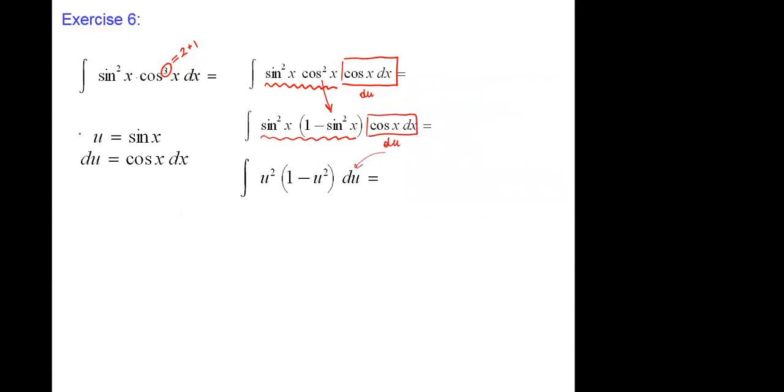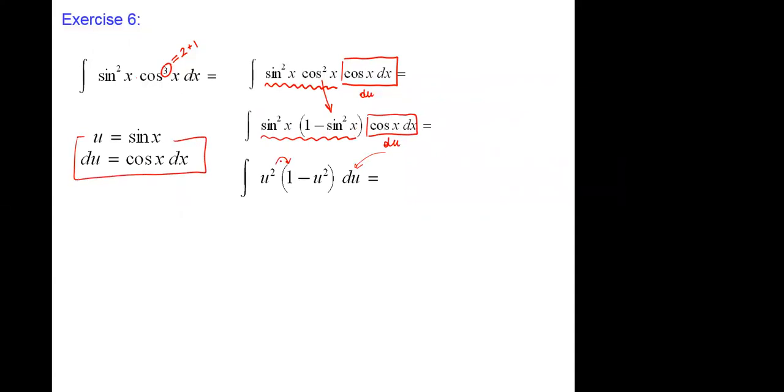And again, this is waiting for du. Now, my entire integrand, without that box, is in terms of sine. We're ready to do this. U will be sine of x, du is in that box, cosine x dx. U squared, 1 minus u squared. And this is my du.